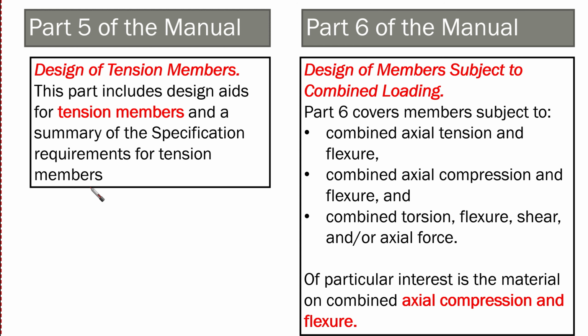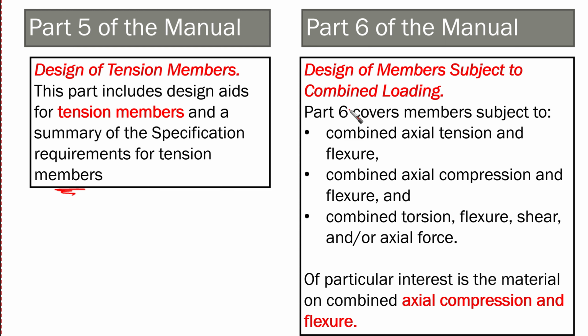Okay, and after that, part 5 of the manual is design of tension members, which is our main topic for today's video. This part includes design aids for tension members and a summary of the specification requirements for tension members. So it is very important when we are designing our tension members. Part 6 of the manual is titled Design of Members Subjected to Combined Loading.